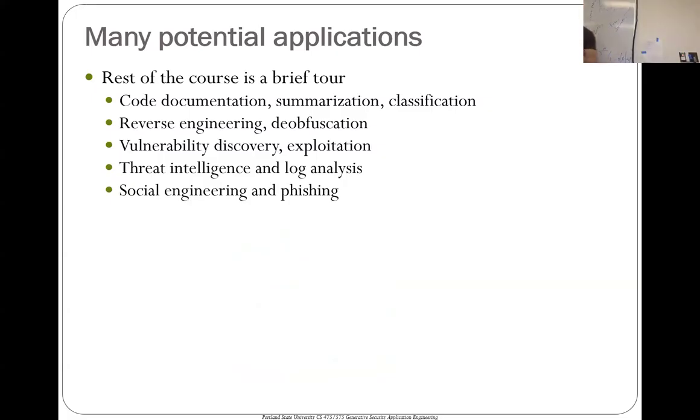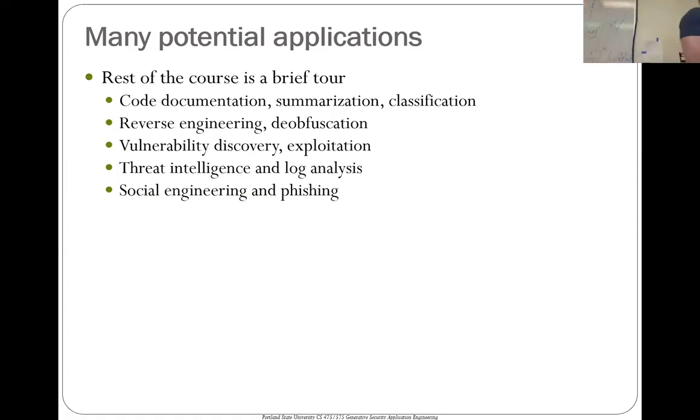So it's a mixture. Today we're going to do the top 2: code documentation, code summarization, and code classification, as well as reverse engineering and deobfuscation of code. These things are often towards the end of identifying malicious software or malicious behavior, and then flagging it. So that's what we're looking at this week.